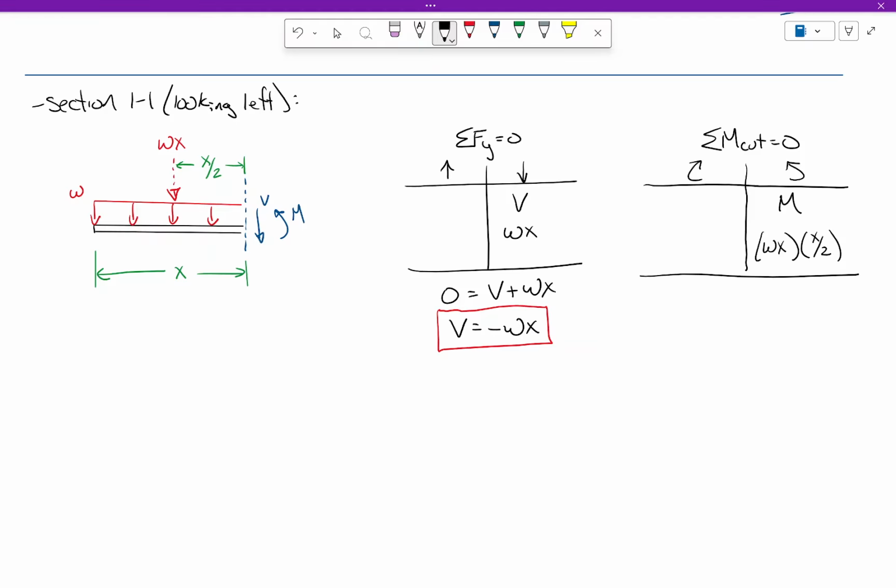WX times X over 2. So I get 0 plus W over 2 X squared, so M, I get that. Huh. Interesting.